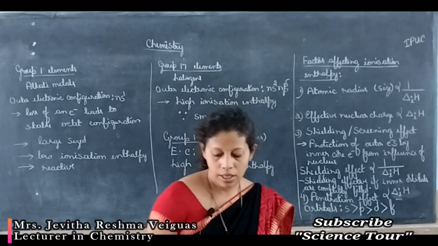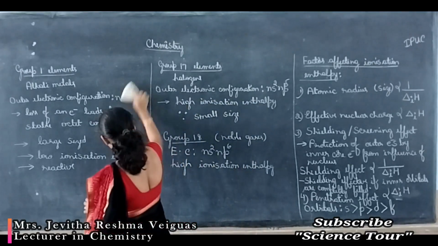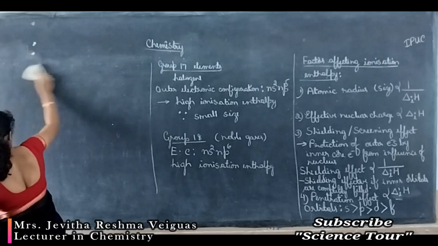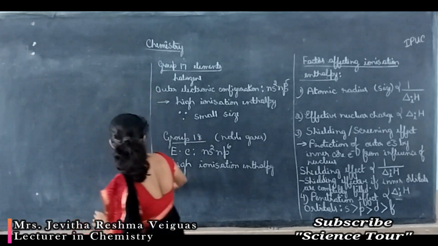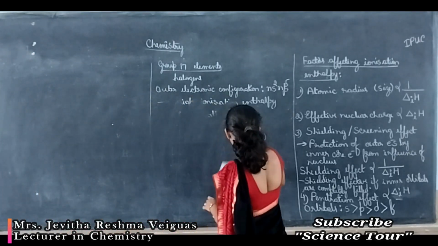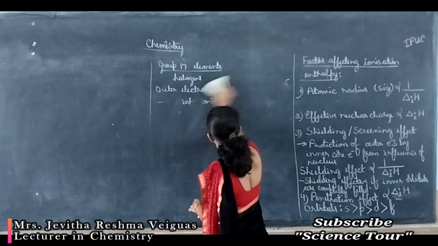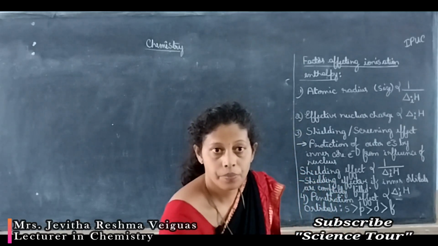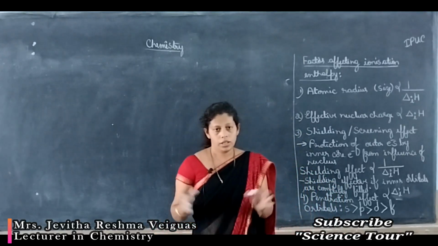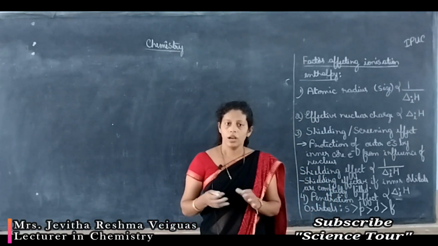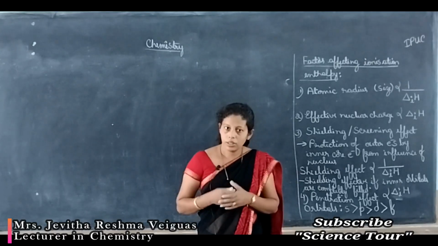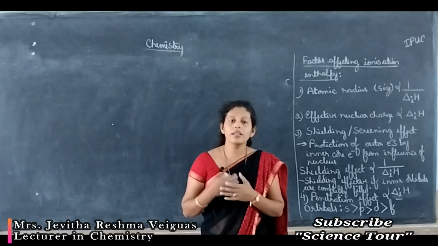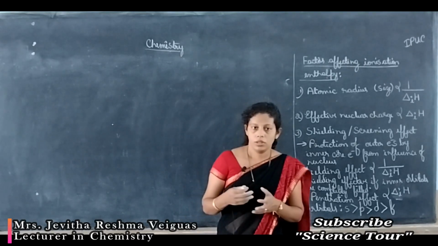Now, let us take examples for the comparison of ionization enthalpy. Students, in general you can say size will be small if attractive forces are more than the repulsive forces.